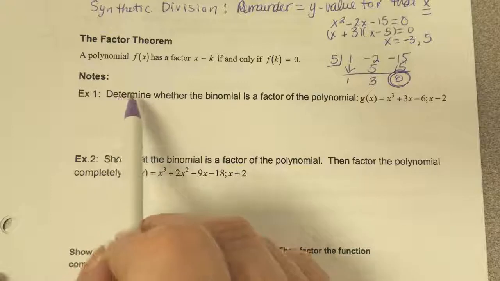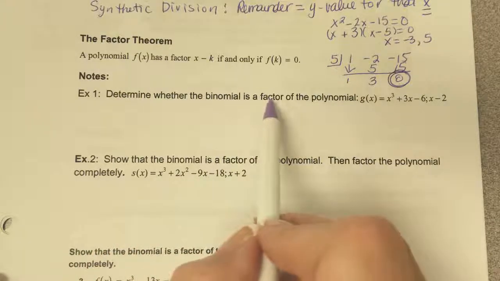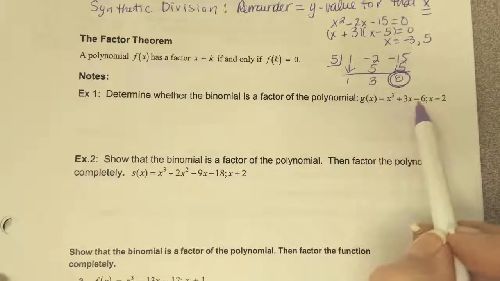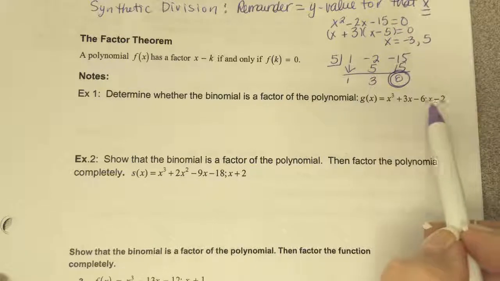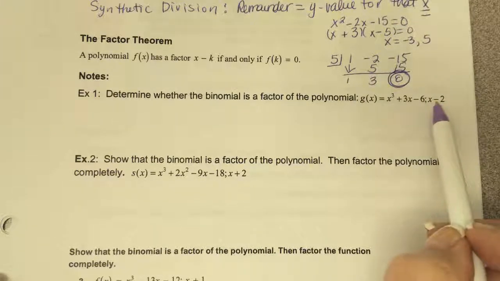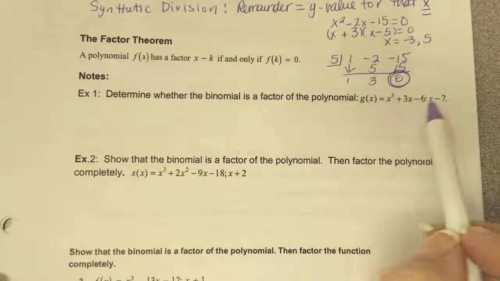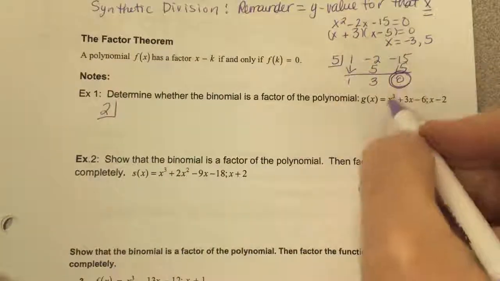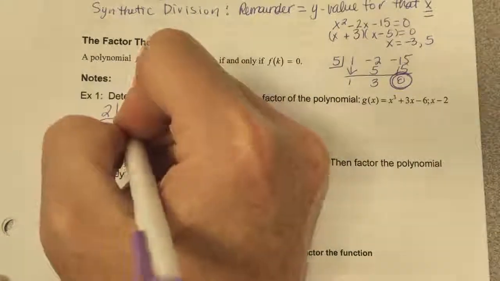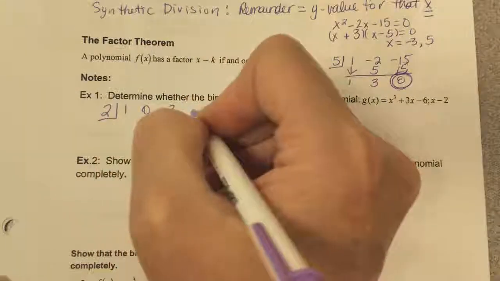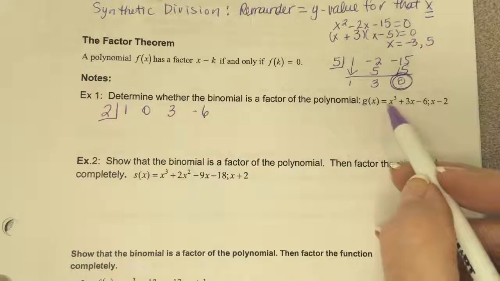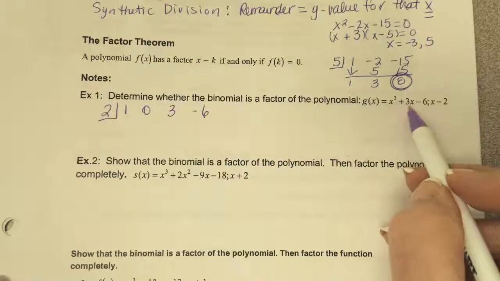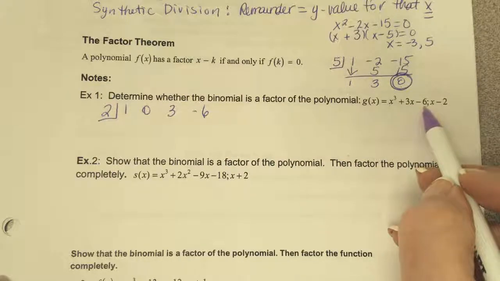Look at this example now. Determine whether the binomial is a factor of the polynomial. Here's our polynomial, x cubed plus 3x minus 6. Here is our binomial. We want to know, is this a factor of that polynomial? What's the k value? 2, so I'm going to put 2 in the box. The coefficients are going to go 1, 0, 3, negative 6. 0 is the coefficient of x squared, 3 is the coefficient of x, and negative 6 is our last one.